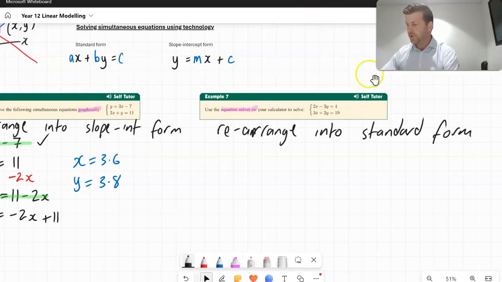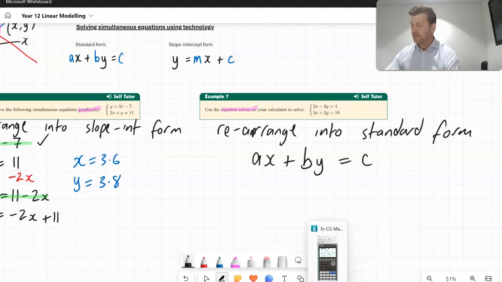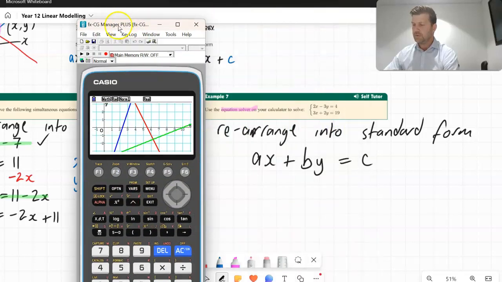You'll notice that both of these equations are already in standard form. In standard form, A is the coefficient of the variable x, B is the coefficient of the variable y, and C is the constant term. If I can identify the values A, B, and C, then I can use the equation solver on my graphics calculator to solve that simultaneous equation.